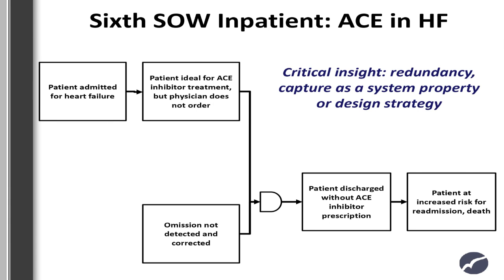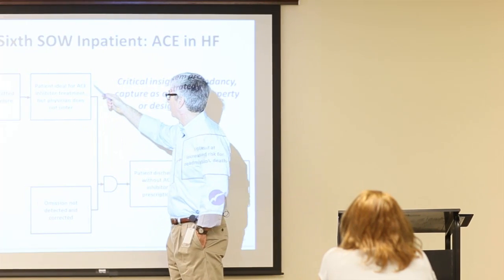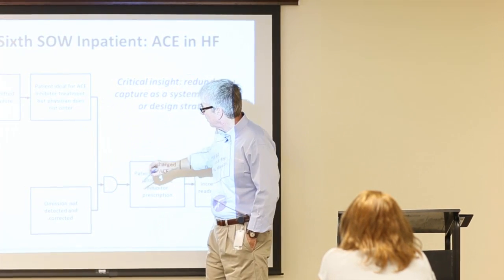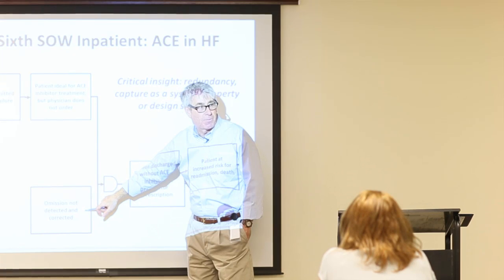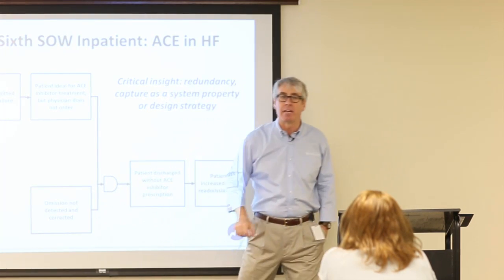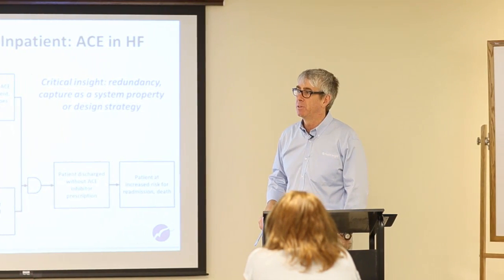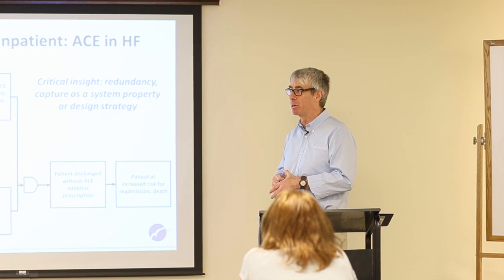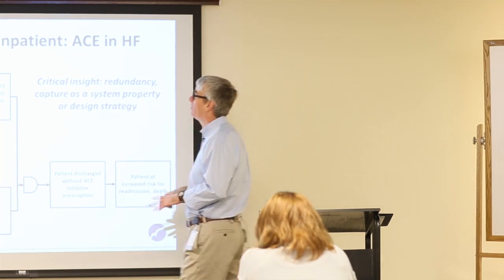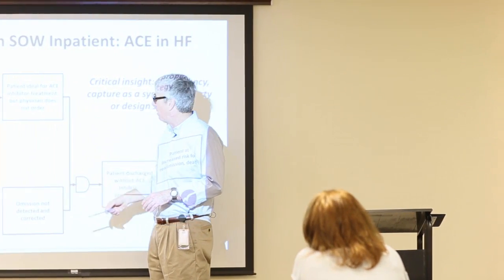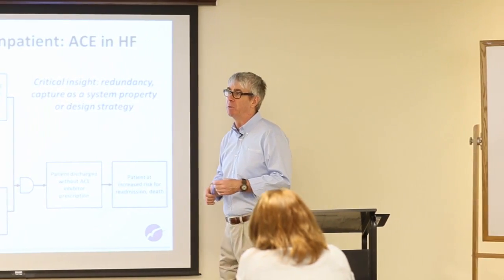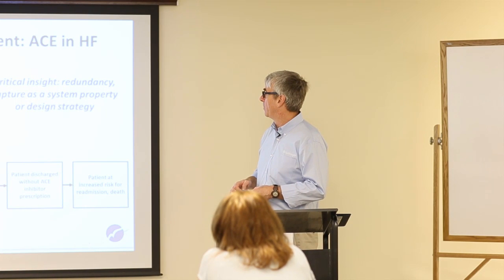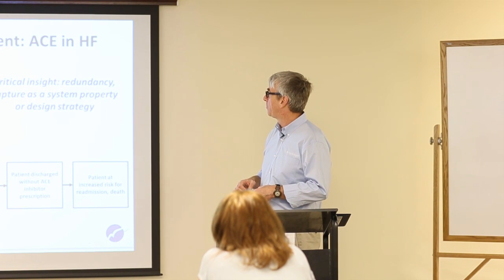That there are often opportunities to detect and correct problems. In fact, that's how many systems come to be safe or come to be reliable, not by perfecting any one element, but by bringing together additional elements to create reliability.